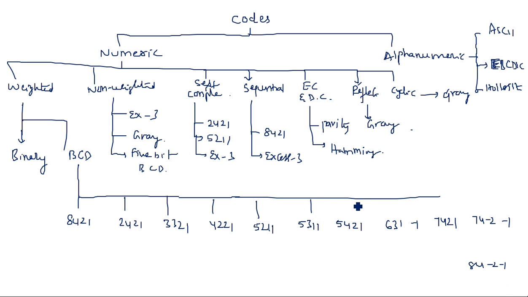These are the different codings available in binary coded decimal.